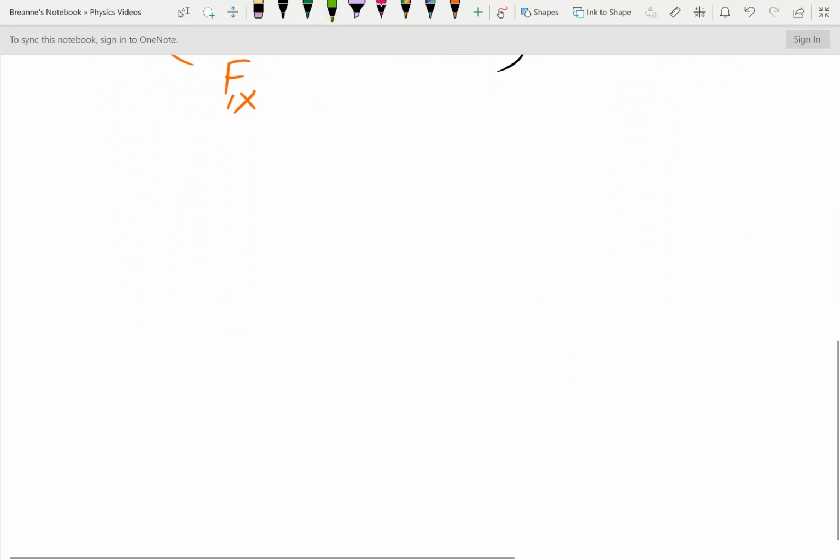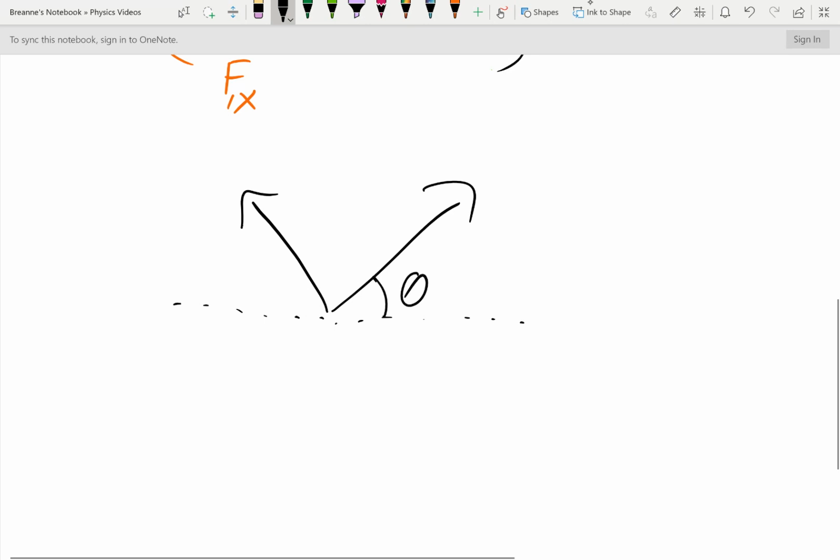And then if you have 2 at an angle, then you have to do 2 sine and cosines.